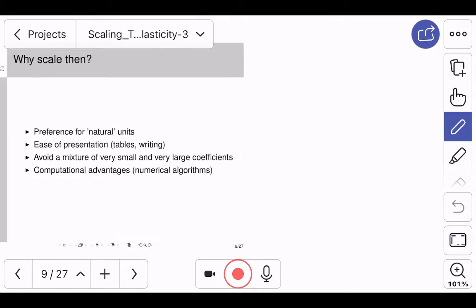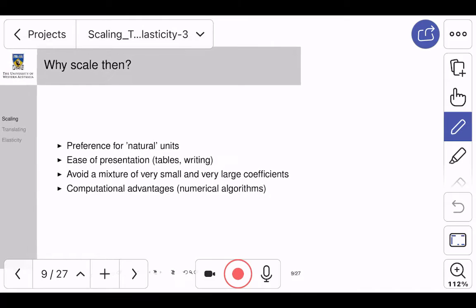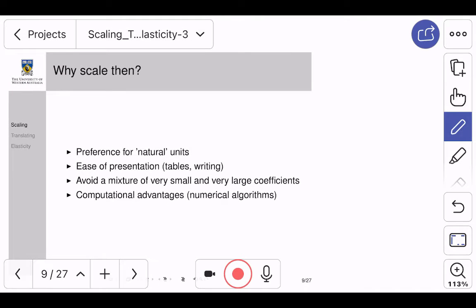Well, we can have different reasons why we scale. We can scale because we like our natural units. So if I grew up in a country that uses kilograms instead of pounds, I am going to prefer kilograms or metric units in general rather than British units. But if you grew up in a country that uses British units, it doesn't mean just Britain. It could be Canada, for example, for weight and so on.